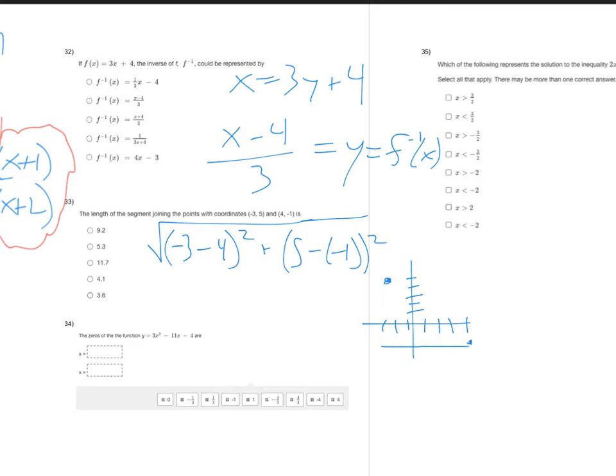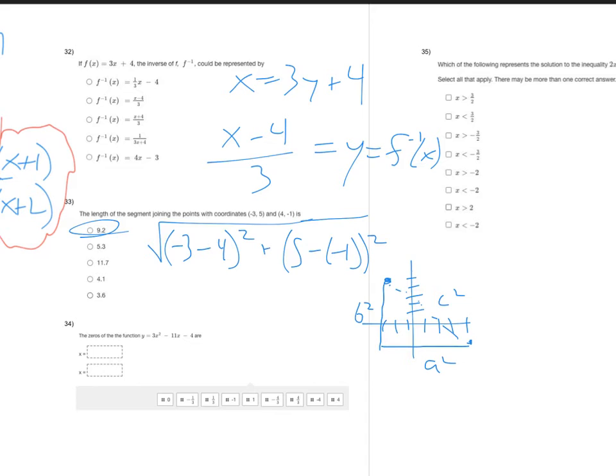And the 5 minus negative 1, I'm finding this length. And I square those and add them because it's a squared plus b squared equals c squared. It's just Pythagorean theorem. Simplify that, and we get, I believe, about 9.2 here.